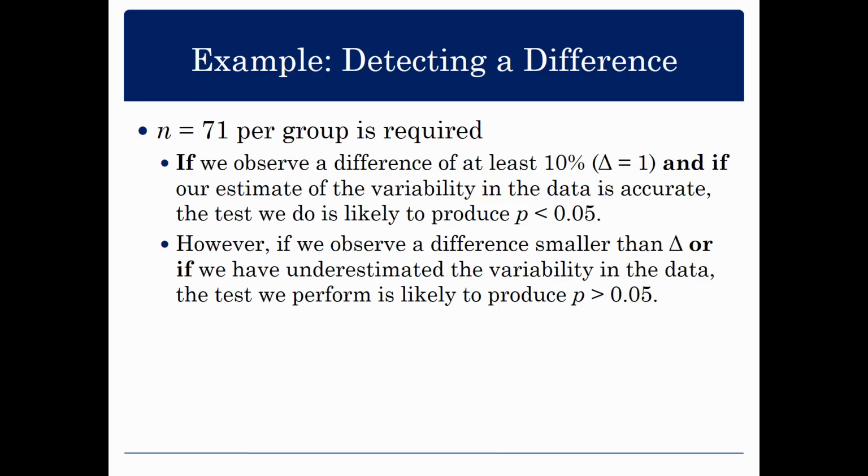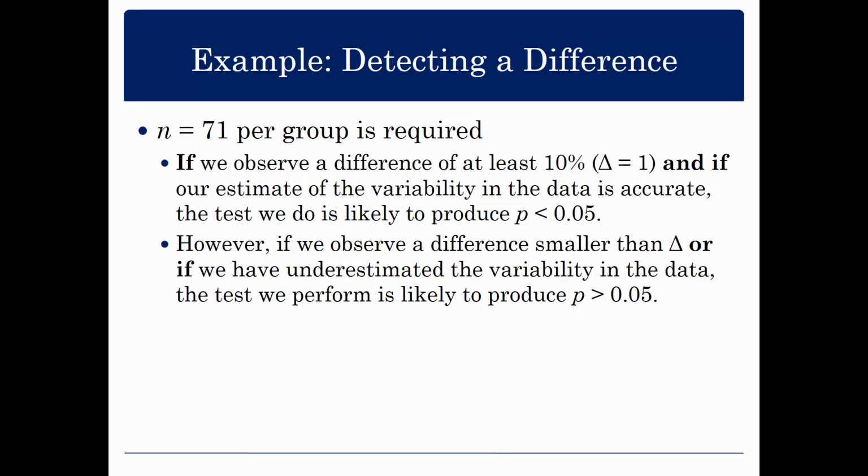For the sake of time, I'm not going to actually open up RStudio like I had intended and show you, but just know that when I put those numbers into the function, it tells me that a minimum of 71 subjects per group is required to achieve power at this level of significance for the effect that I'm after, assuming that I've specified the noise in the data correctly. So there's a lot of ifs there.